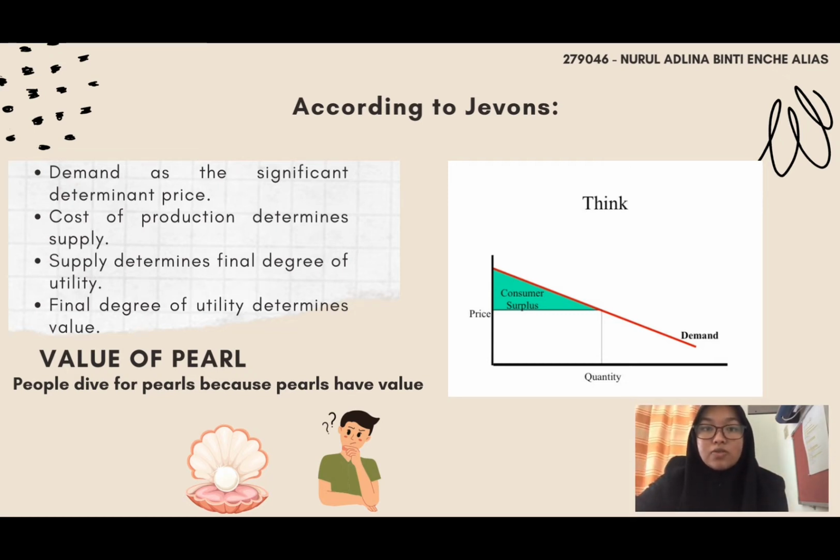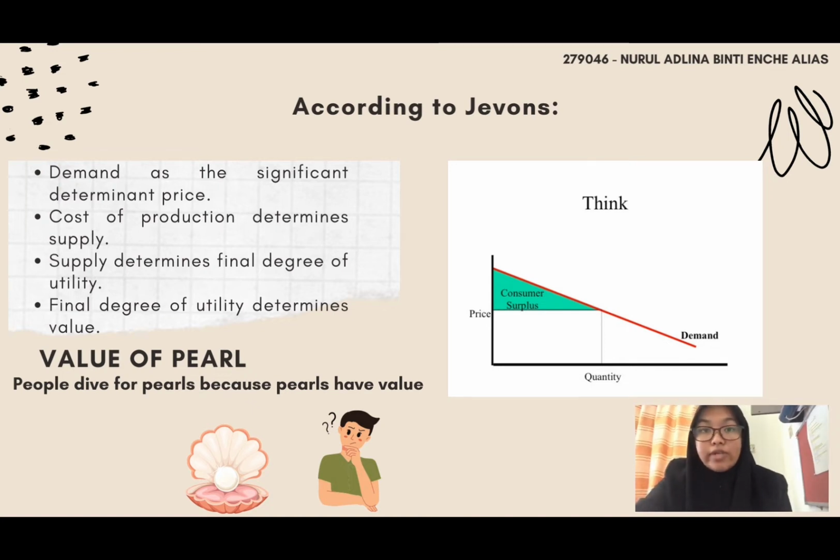This is because to retrieve a valued commodity, which is pearls, people need to die for them. Since people die for them, pearls are valued by the customer and useful to the divers. So the buyers get a utility from them.